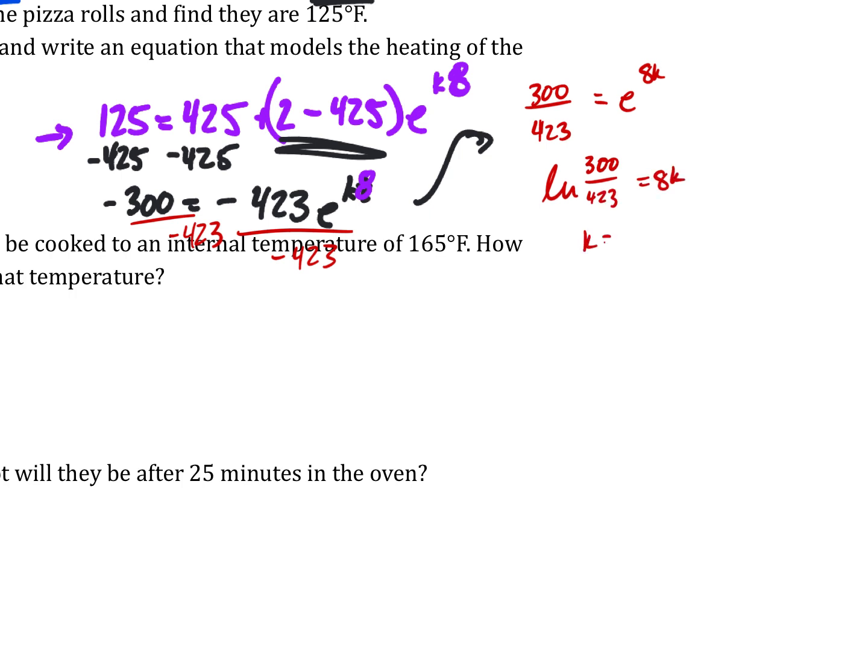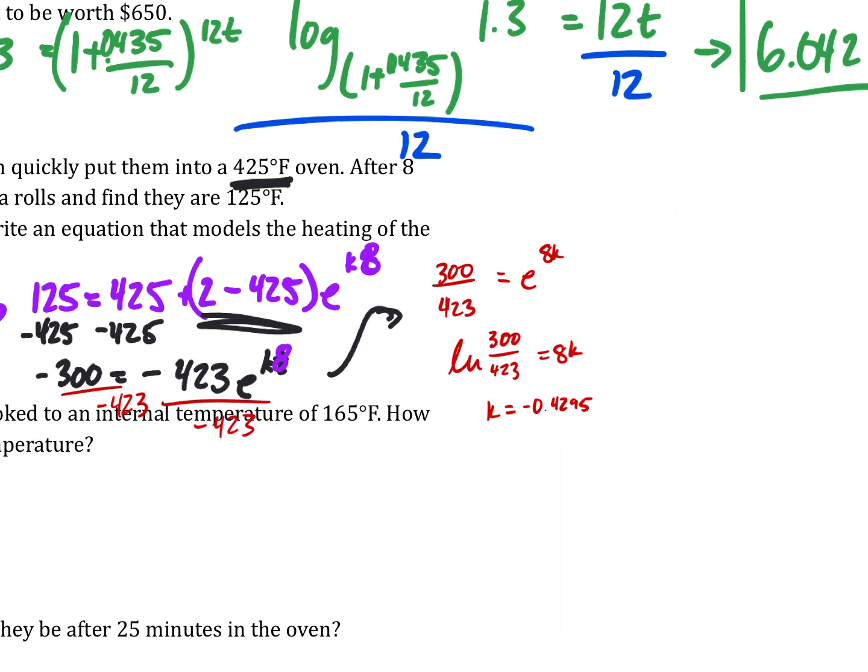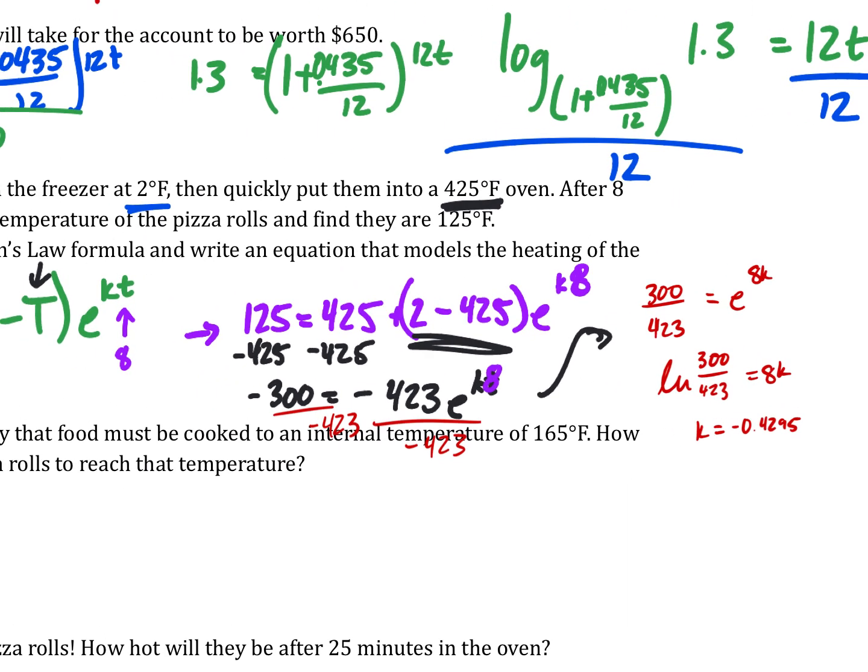So k is equal to the natural log of all that stuff divided by 8. So I get, read it and weep, negative 0.429 5, I guess I'll use. I'm going to try to keep that in my calculator and use the decimal in my calculator whenever I have to do a calculation. But I'm just going to keep that as a record on my paper too.